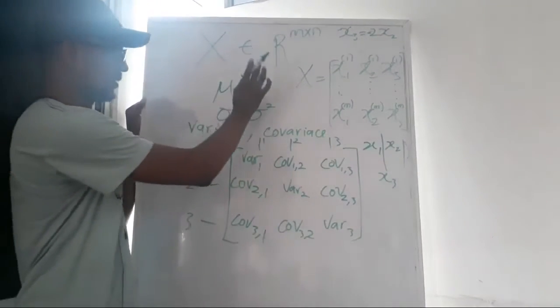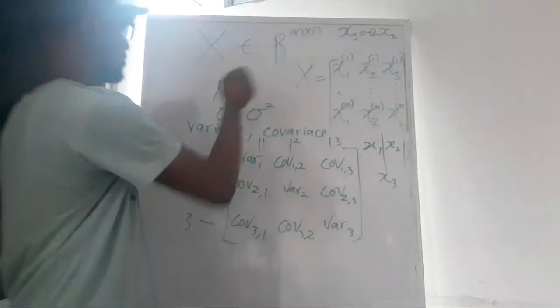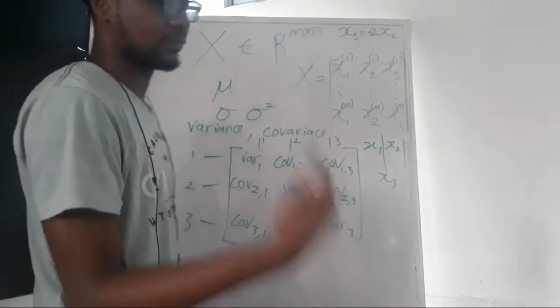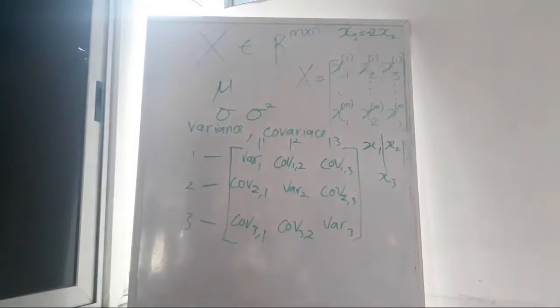Just know that if you have a covariance that is high, greater than 0, then those two features are highly correlated.